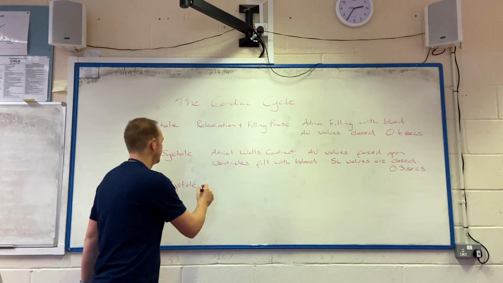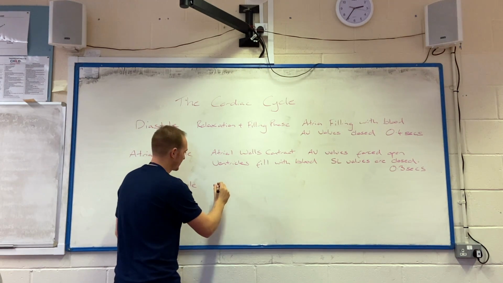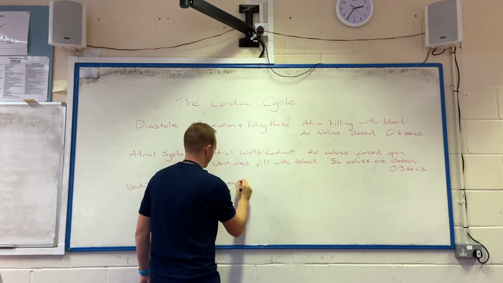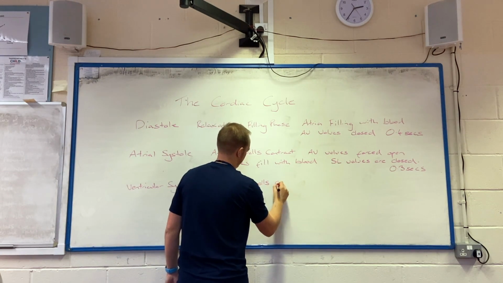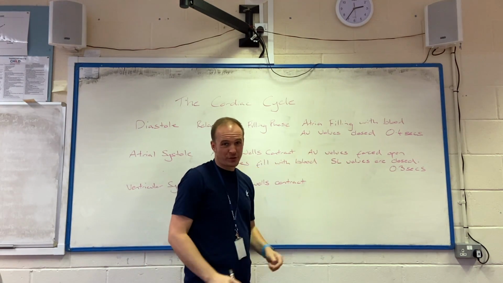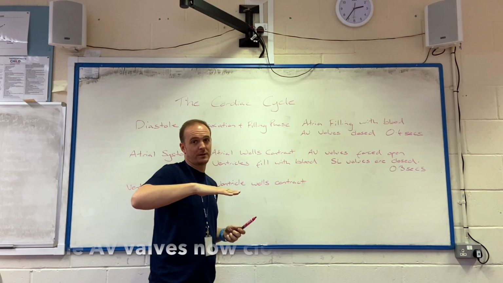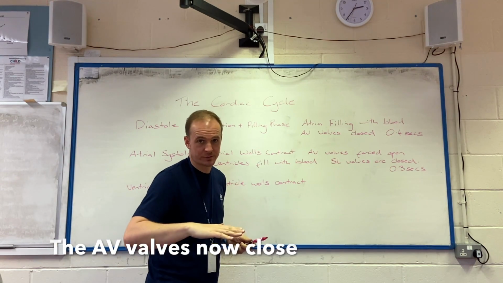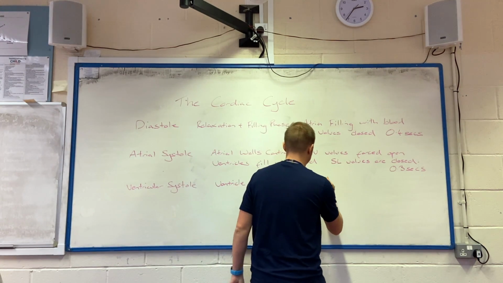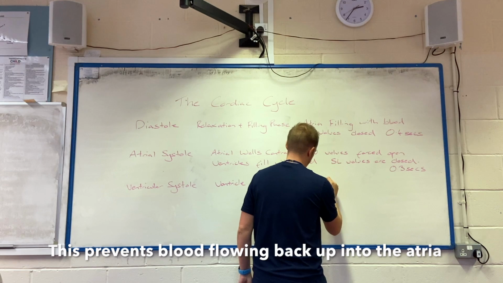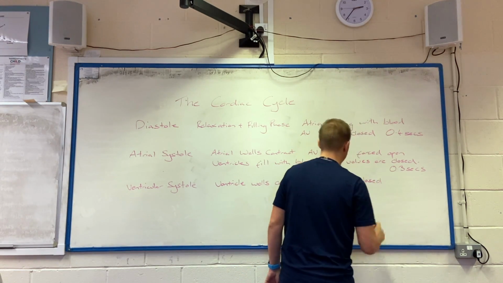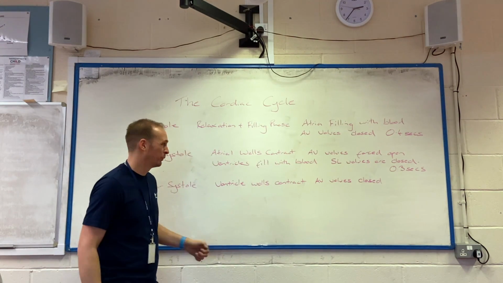Okay, so during ventricular systole, ventricle walls contract. Those atrio-ventricular valves, the valves between the atria and the ventricles, have now got to close because we don't want blood going backwards, back up into the atria. So the AV valves are closed, and that prevents backflow of blood.